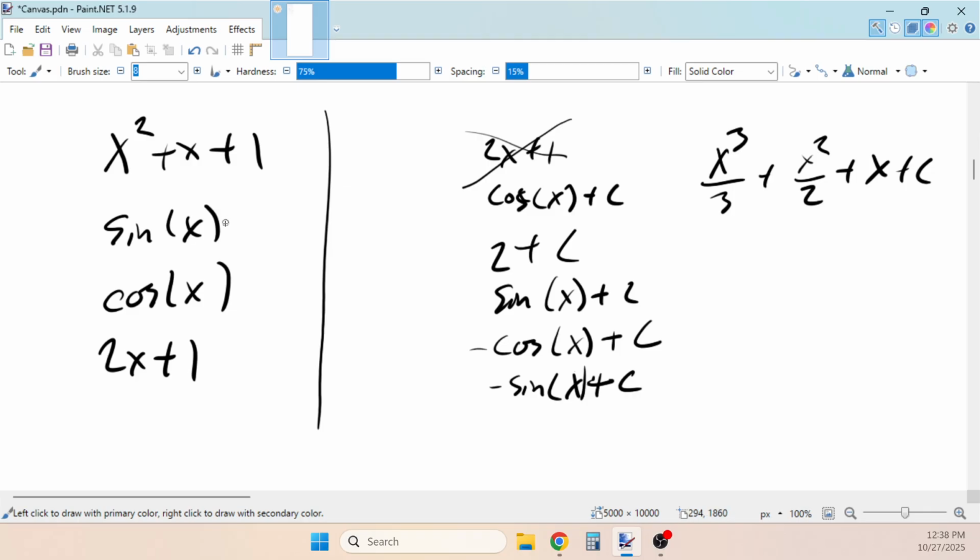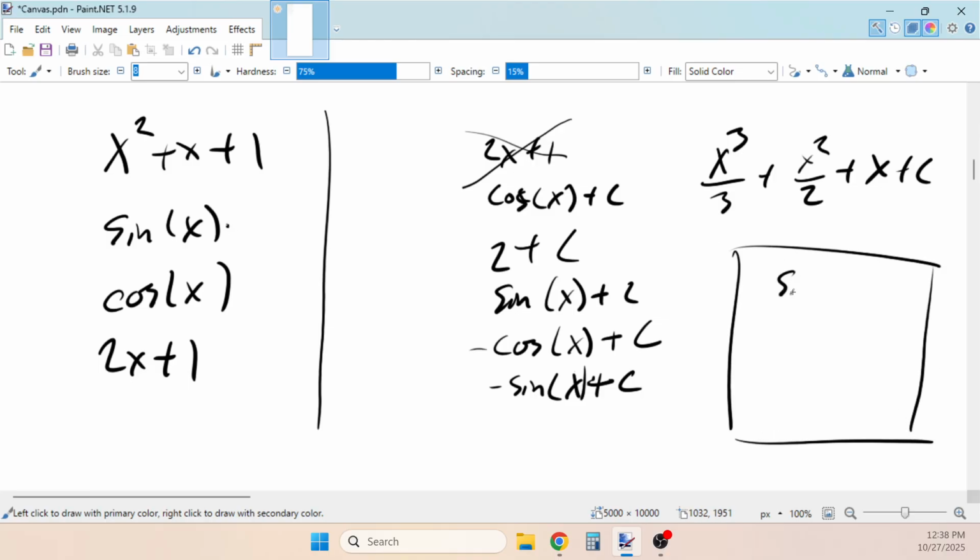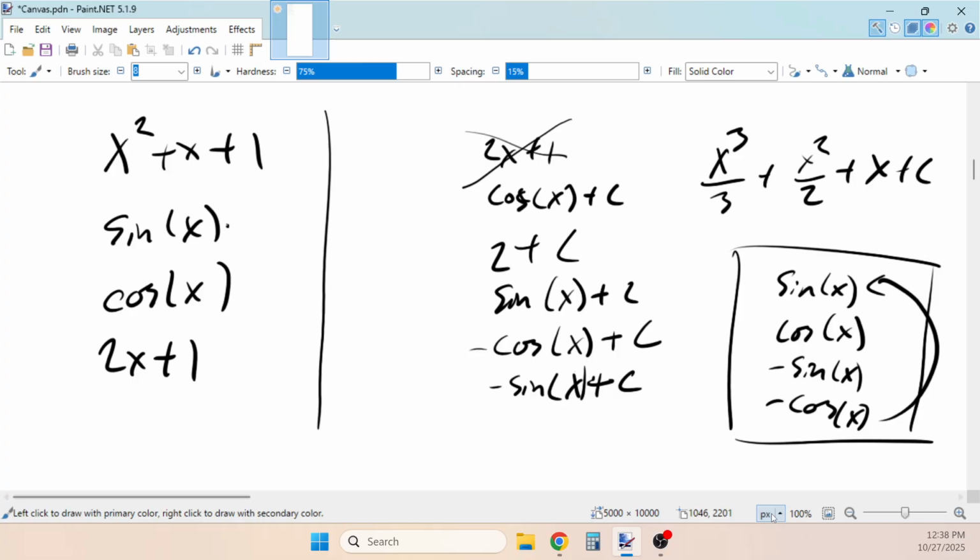Now, the derivative of sine is cosine, but we're not looking for derivatives. This is a nice chart when dealing with derivative of sine, cosine. Derivative of cosine is negative sine. Derivative of negative sine is sine. Then it wraps back up.